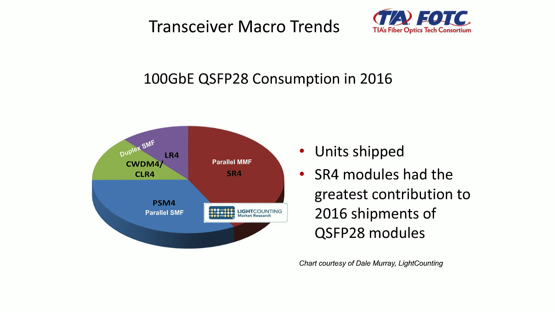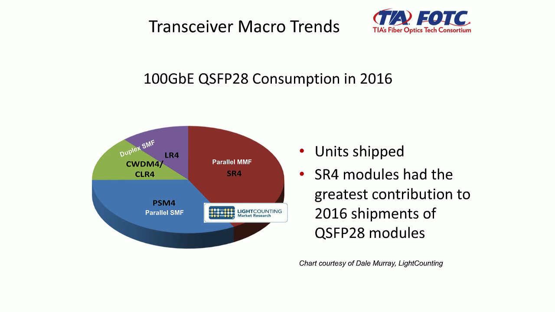This is interesting because this is the highest volume, higher speed transceiver, the QSFP28, 100 gig, which is kind of the benchmark today. And we've got a Pareto of units shipped. You can see today that SR4 over multimode fiber is the largest section of the pie, but it's not the fastest growing.